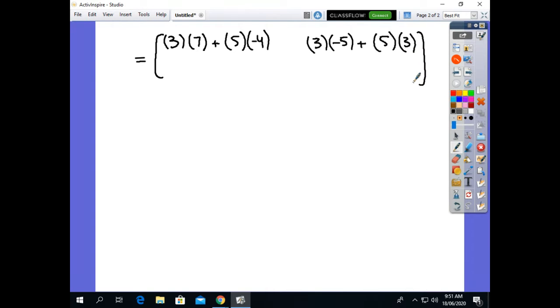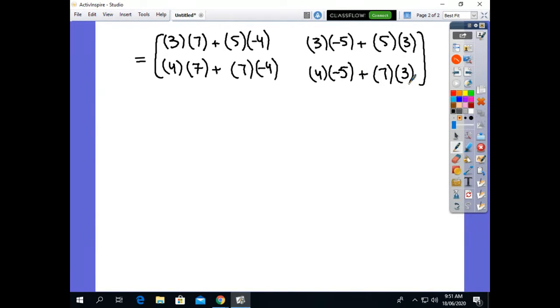Similarly, we multiply the second row with the first column: 4 is multiplied with 7 plus 7 is multiplied with -4. Similarly, 4 is multiplied with -5 plus 7 is multiplied with +3.